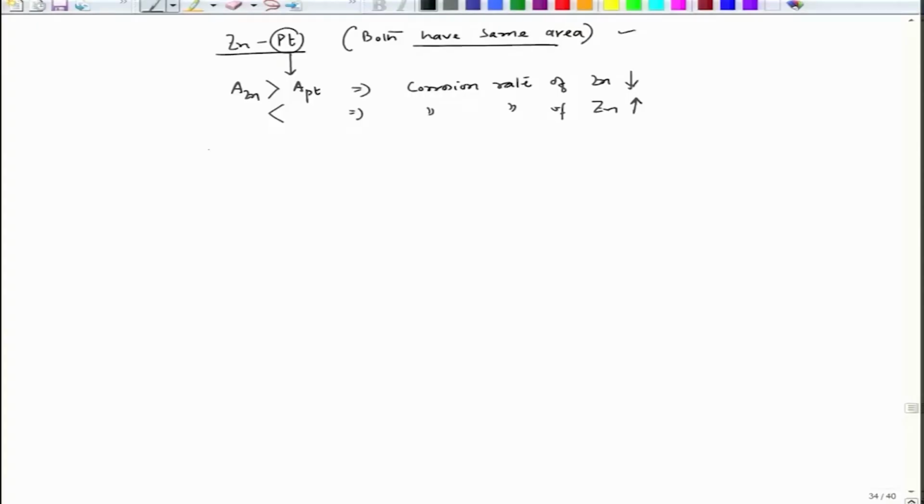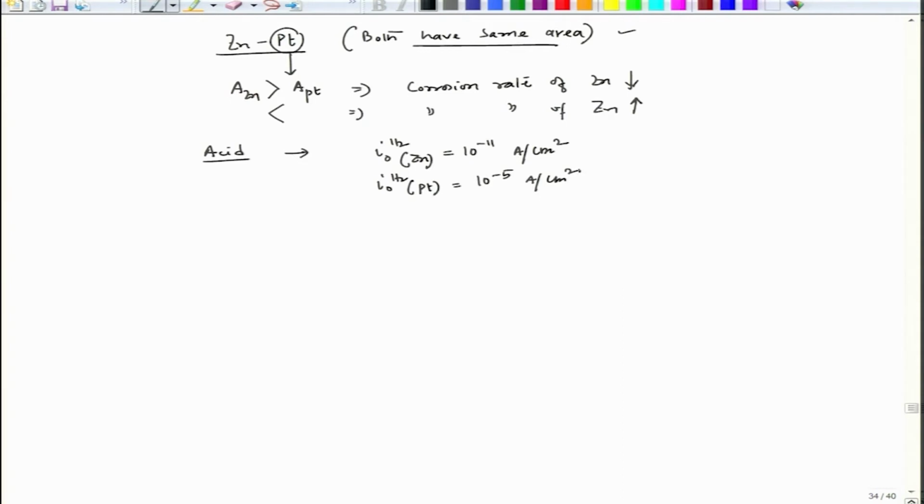Now, if they are dipped in acid, and if we assume that I0 of the hydrogen evolution reaction on the zinc surface is 10 to the power minus 11 ampere per centimeter square, and I0 of the hydrogen evolution reaction on platinum is 10 to the power minus 5 ampere per centimeter square.